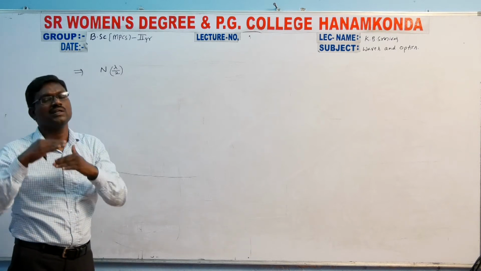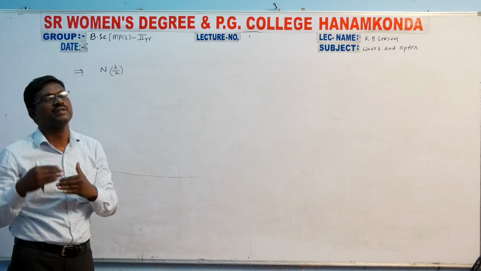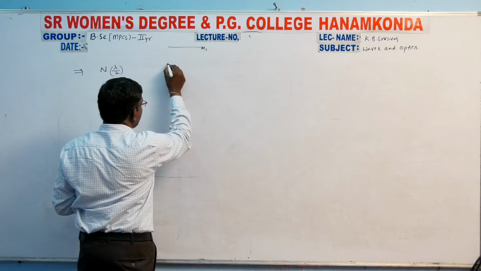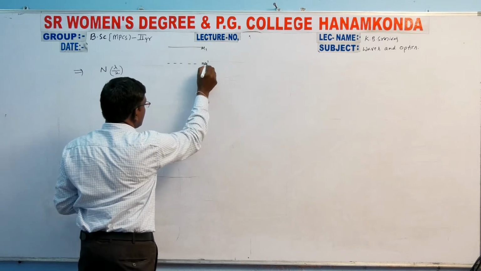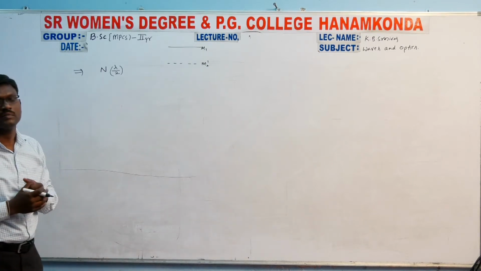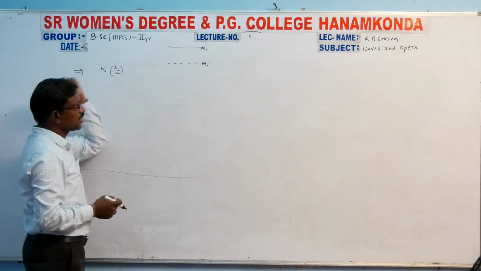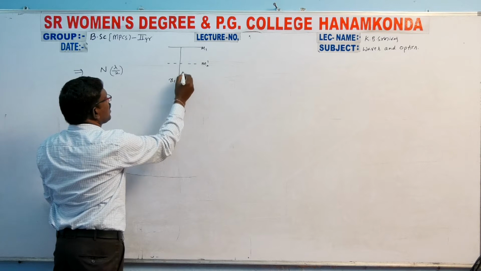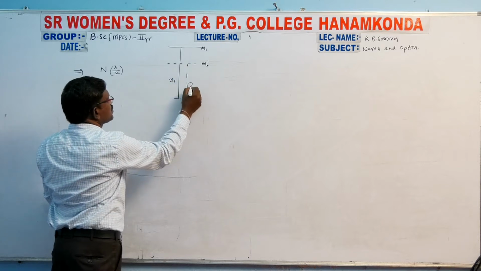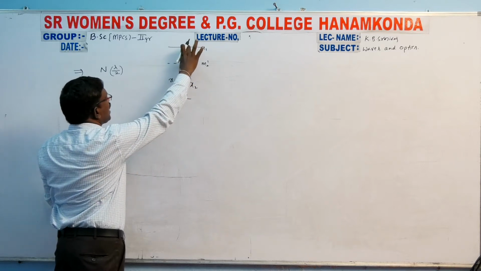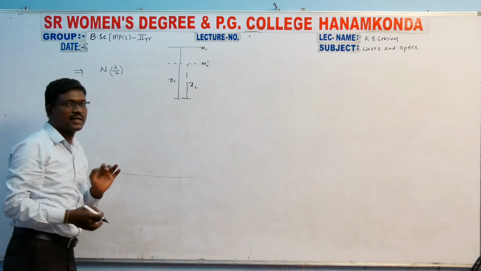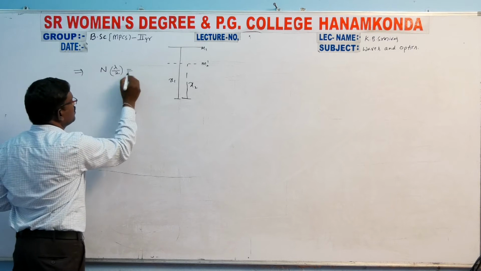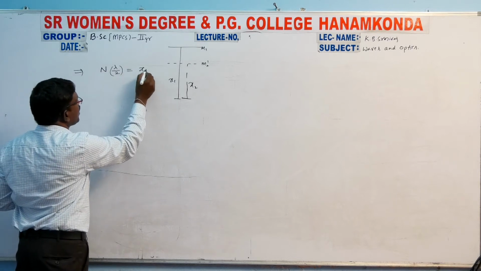In the previous lecture I explained the path difference, or the gap, between the M1 mirror and the M2 dash mirror. How do we calculate this gap? Let this be x1, let this be x2. The gap between these two mirrors is x1 minus x2.